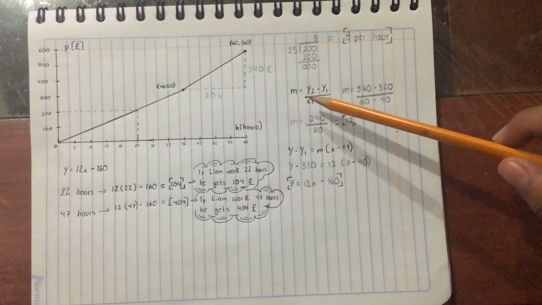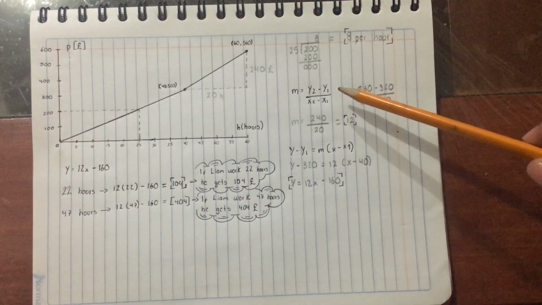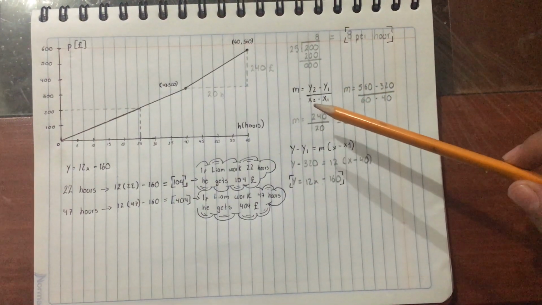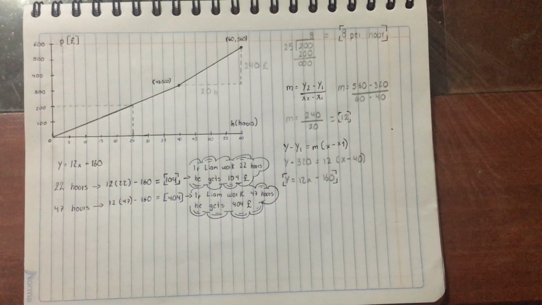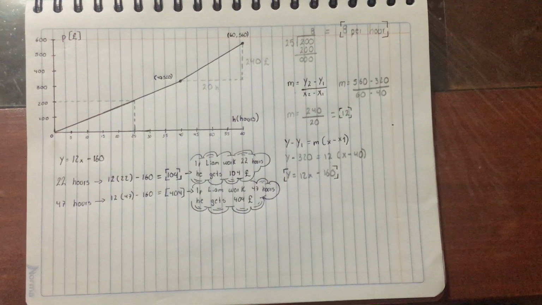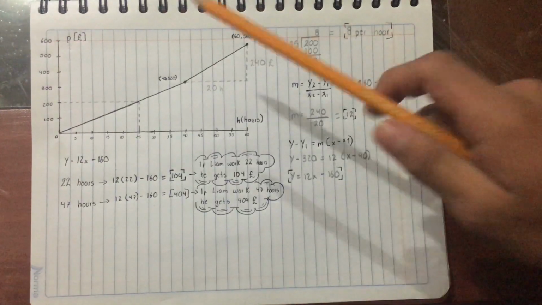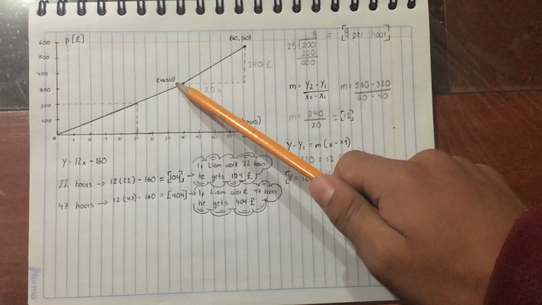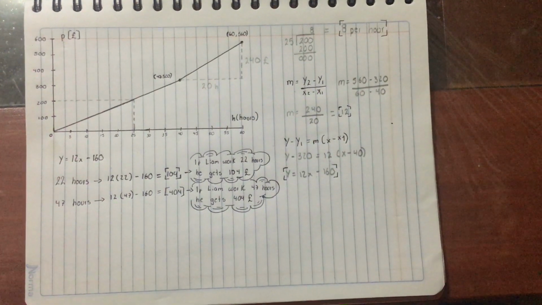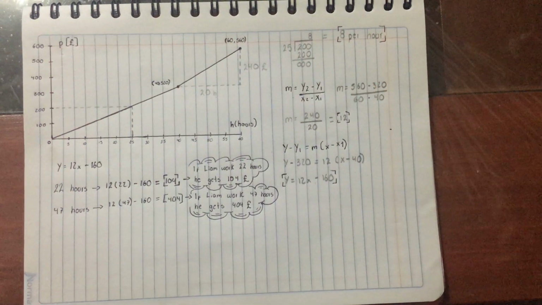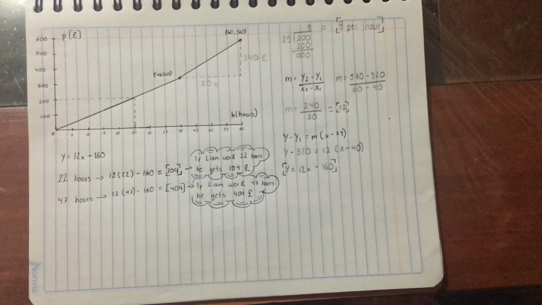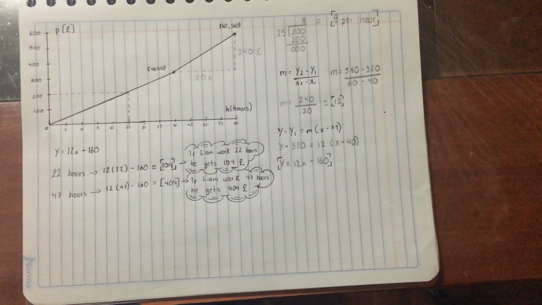m equals y2 minus y1 divided by x2 minus x1, taking into account 2 points: 40 and 320, and 60 with 560.